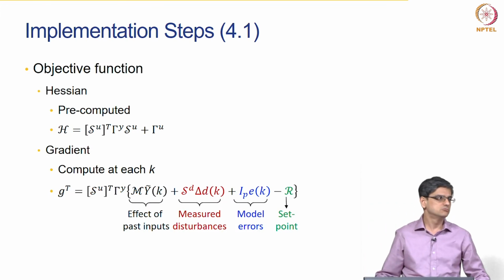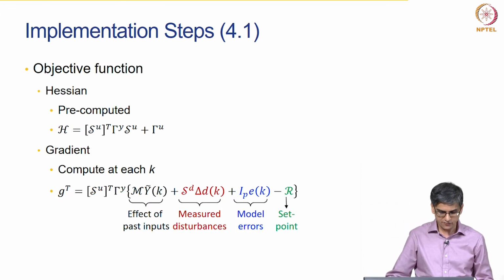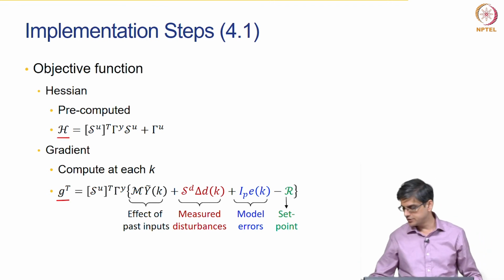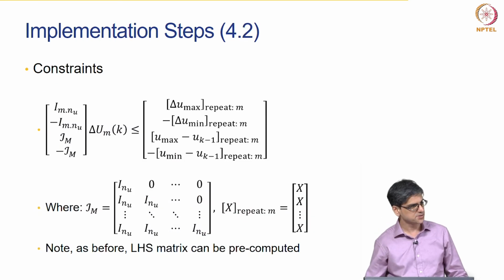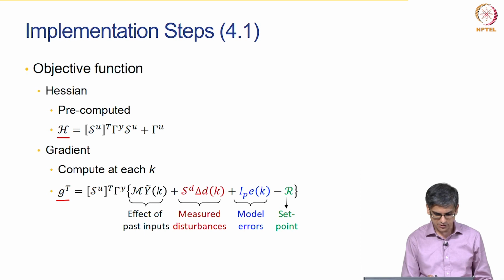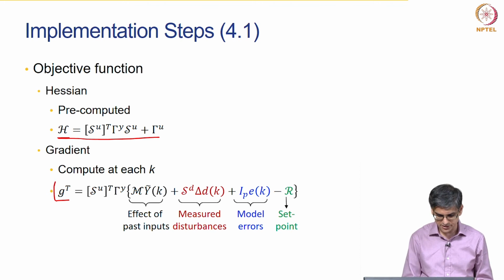So, now we come to the QP solving. For QP solving, you require Hessian, you require gradient which is for the objective function, and you require stuff for your constraints. Okay. Your objective function, the Hessian you can pre-compute, that is given by this, again we had derived that earlier, and this is what your gradient will be.